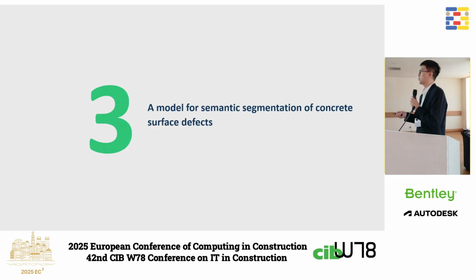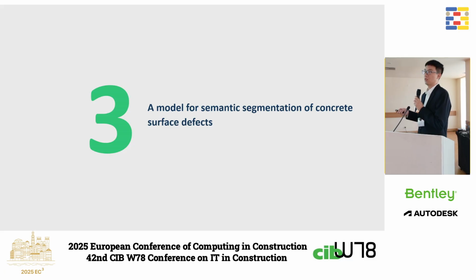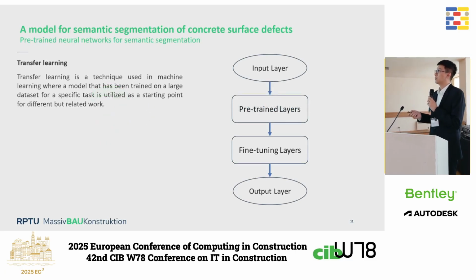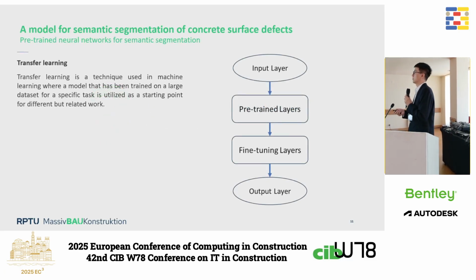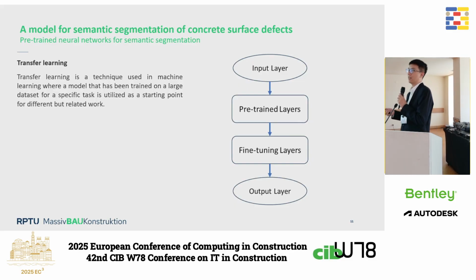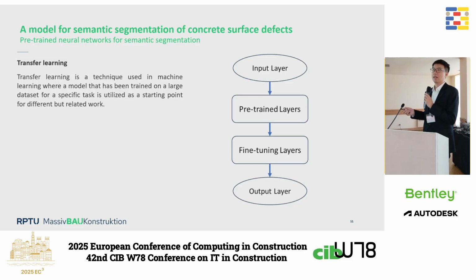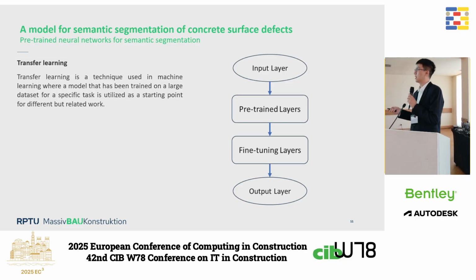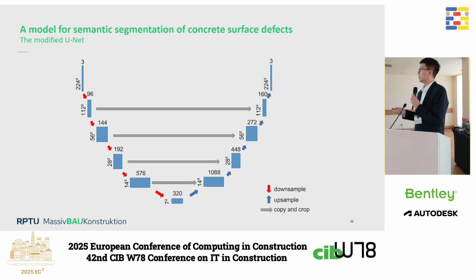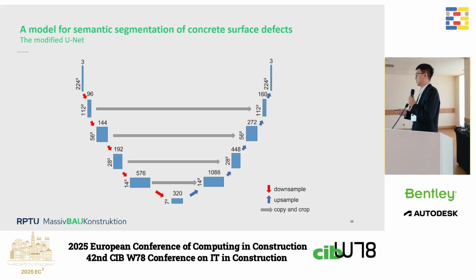Then we have developed a model for our segmentation task. First we use transfer learning. This means we have pre-trained layers, then we do some fine-tuning, and then get our output layer. The model architecture is typical.